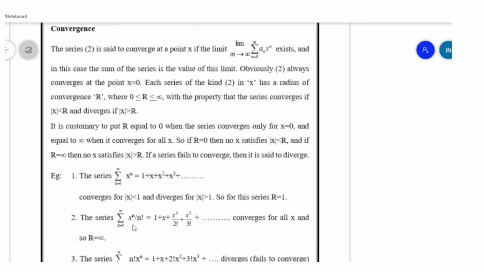The series sigma x raised to n by n factorial, 1 plus x plus x square by 2 factorial plus x cube by 3 factorial, converges for all x. So we can say that the radius of convergence of the series is infinity. Similarly, consider the series summation over n from 0 to infinity of n factorial x raised to n.